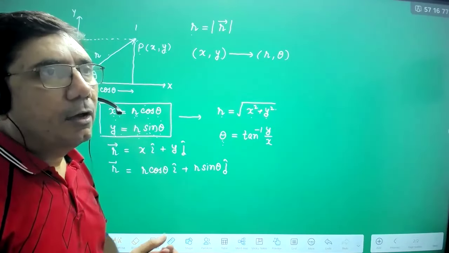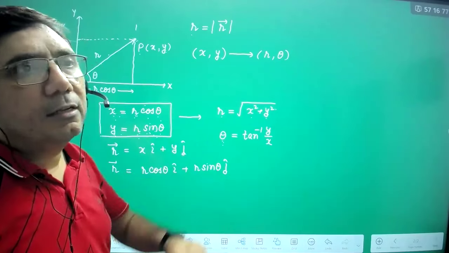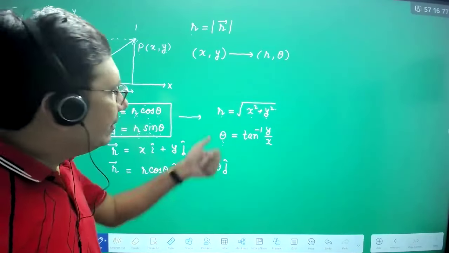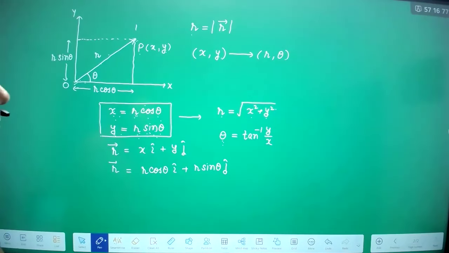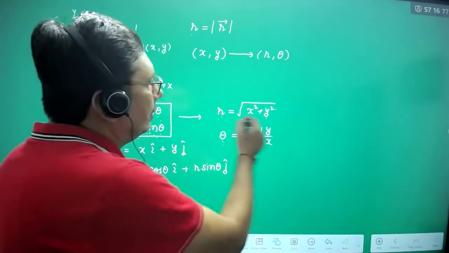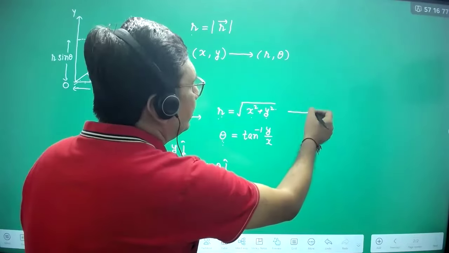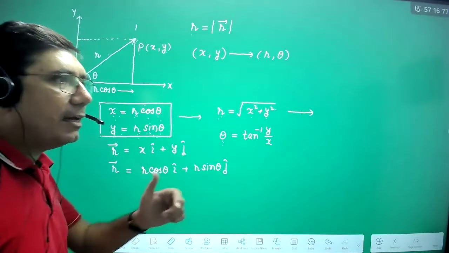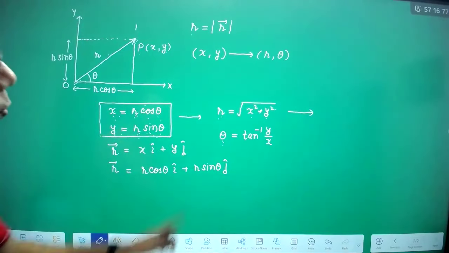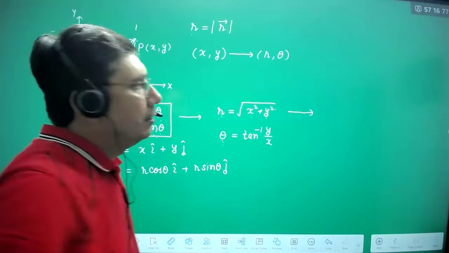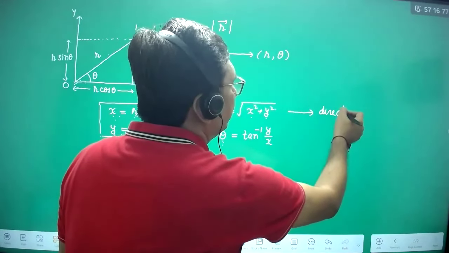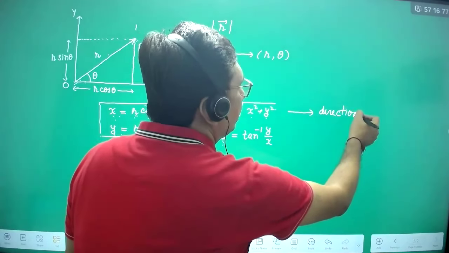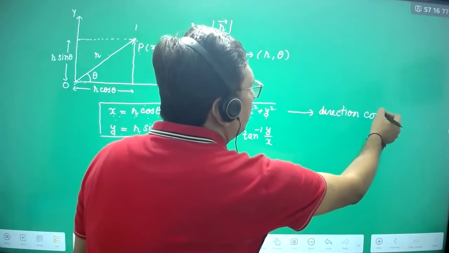So now I want to move to a new orthogonal system of axes which are going to represent these variables r and theta. So what will be the direction of this r? Corresponding to r, what will be the direction? First I have to find out the direction corresponding to this variable r.